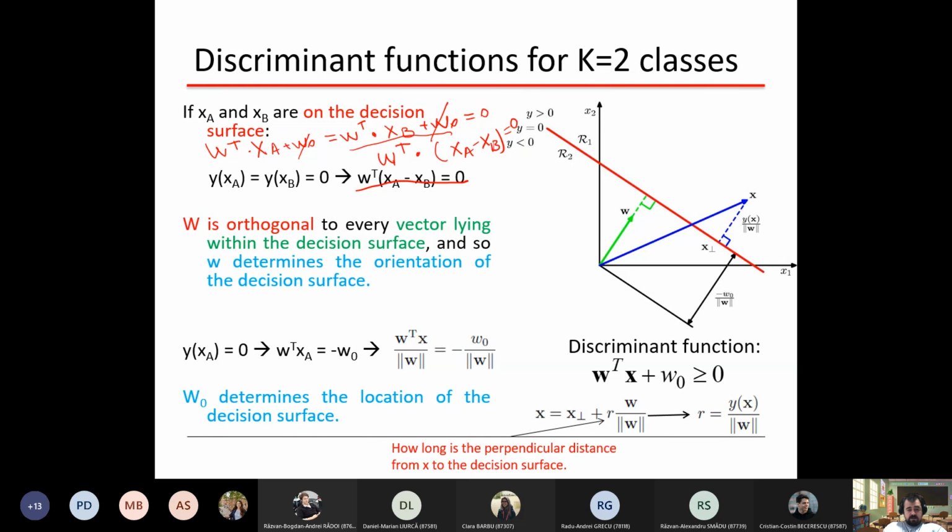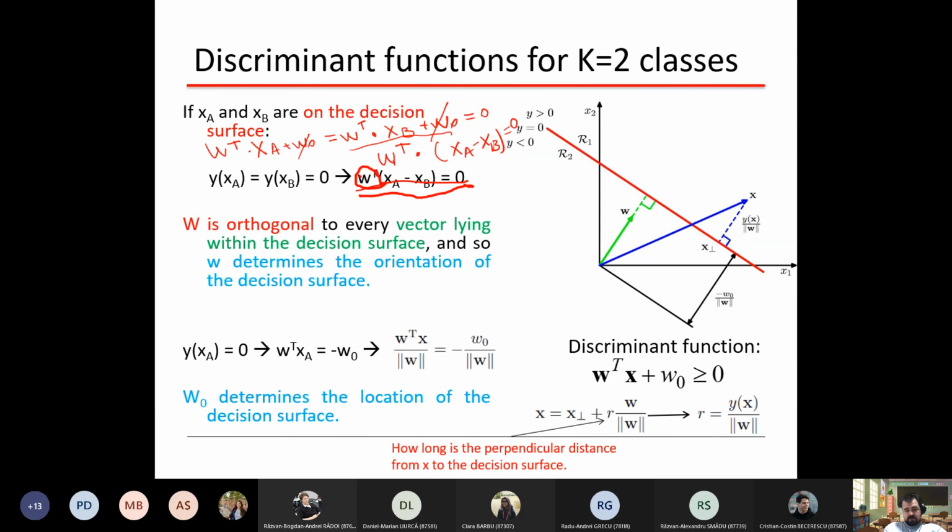What does this formula mean? What's its purpose? Why do we set it here? Well, it means that if we know some points from the decision surface, then the weights vector W will be orthogonal on any such vector that lies within the decision surface.